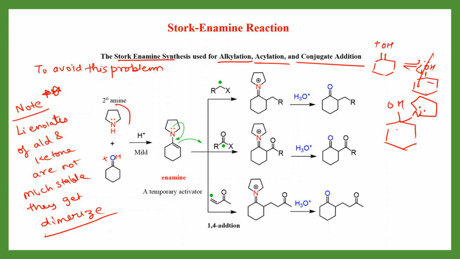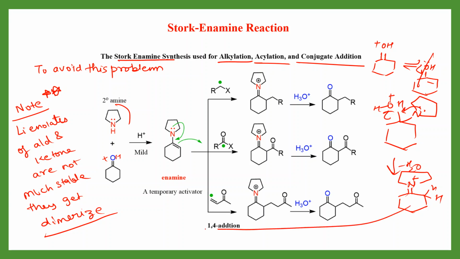Correct? H plus is there, it will protonate this, nitrogen lone pair will come here and knock off this H2O. At first it will form iminium ion, and then this will abstract proton from here and will result in formation of this enamine.